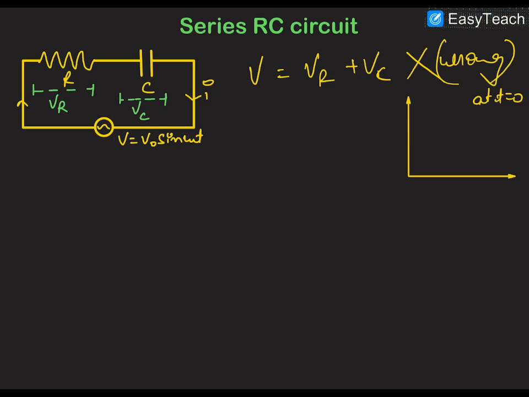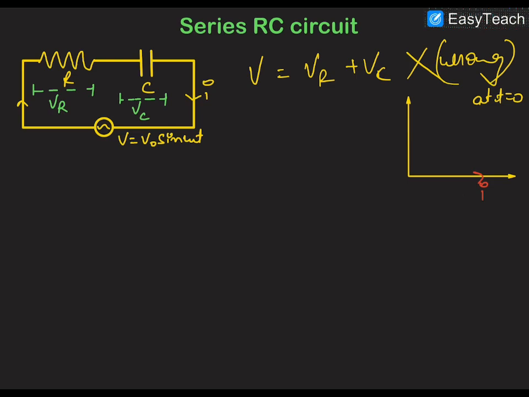Now, at t is equal to 0, we can see that this is a series circuit, and in a series circuit, current remains the same. So we have to draw the current on the x-axis, because current is the reference for both of them, as it is the same for both. And we know that a capacitor says that in my circuit, current will lead the voltage in phase by pi by 2.